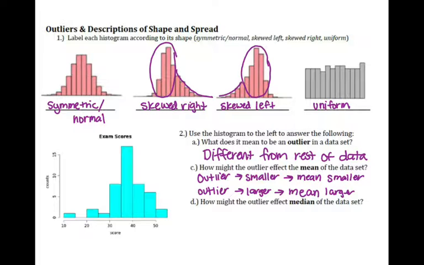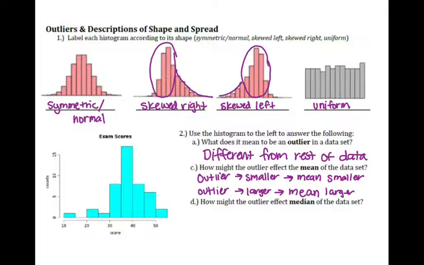How might the outlier affect the median of the data set? So if we were to actually take out the outlier, depending on how many pieces of data you have in your data set, it could slightly change the median just because it might shift where the middle is.